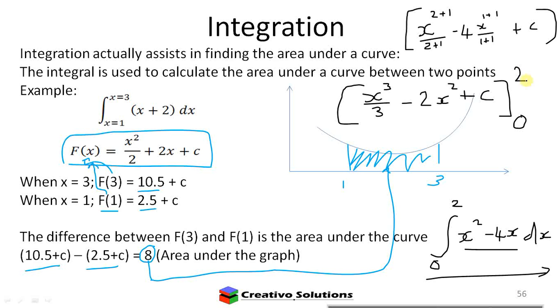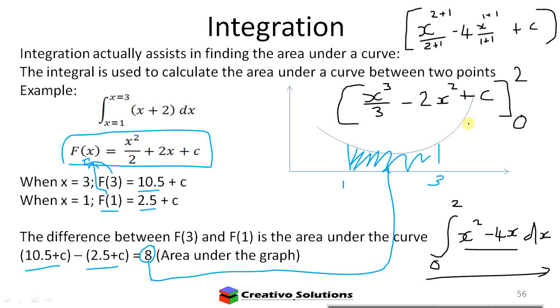Now we can substitute. Substitute the 2 in, and then minus substituting the 0 in. Let's see what you get. It would be 0 and 2. That would be the area under the graph.